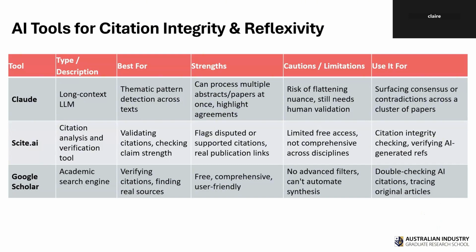Scite is another really useful tool. This is for verification of citations. Okay, so validating citations, checking the claim strength. It can be really useful for flagging disputed or supported citations. With Scite, it includes real publication links.